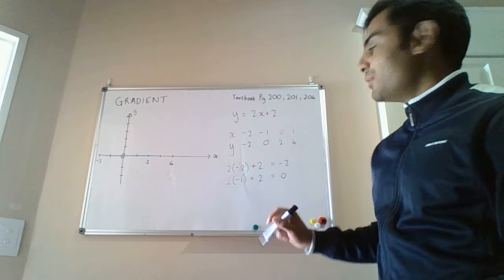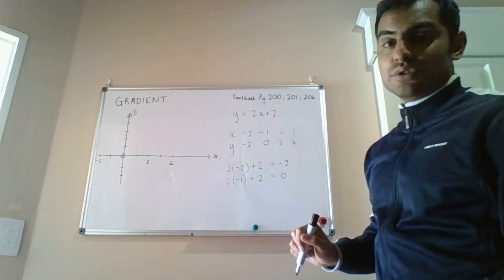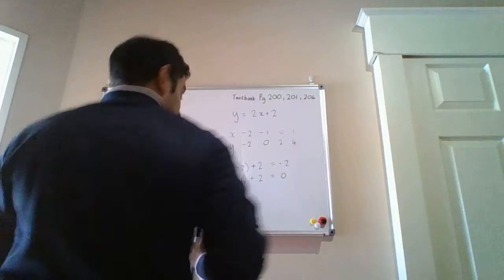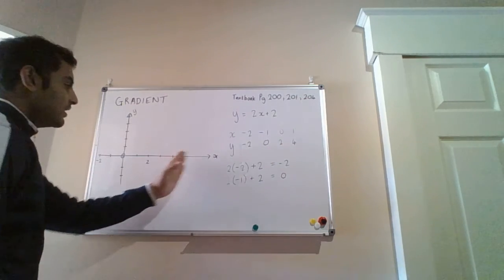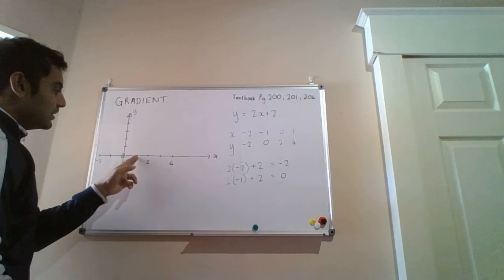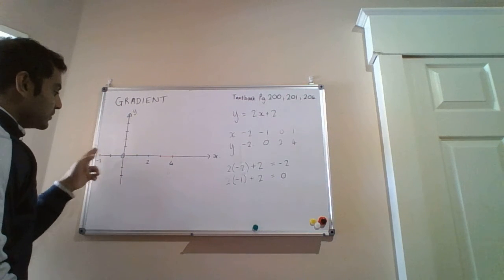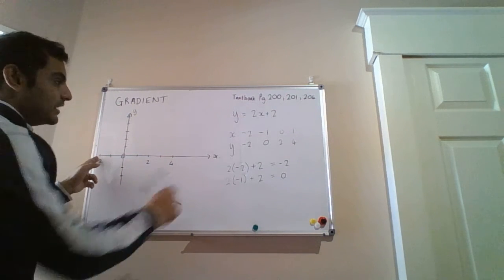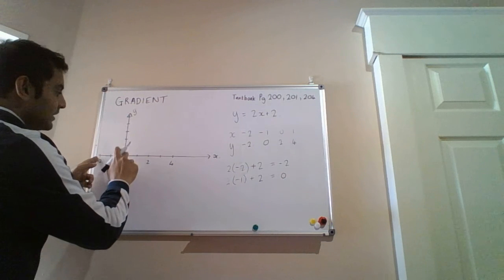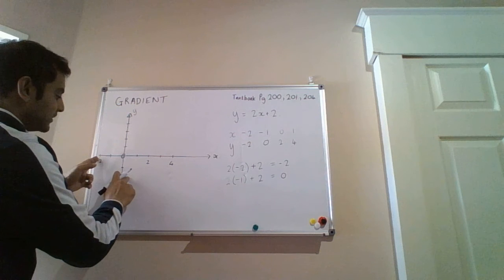Let's look at the first point. X is -2, y is -2. So we'll look for the x value of -2. X is 2, 1, 0, -1, -2. And then the y value of -2, y is 1, 0, -1, -2.